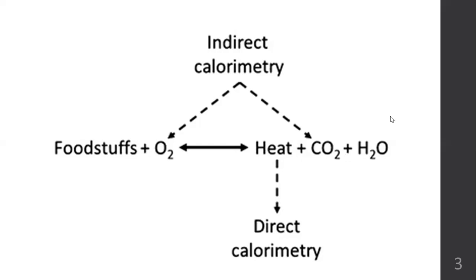What about indirect calorimetry? Here, for example, a person will be put on a treadmill, or on some elliptical exercise machine. Their mouth and nose will be covered with a special mask, and this mask will test how much oxygen this person is breathing in and how much carbon dioxide this person is releasing.